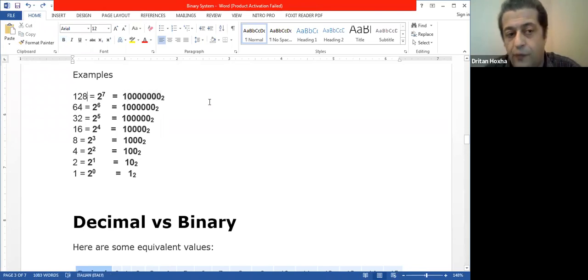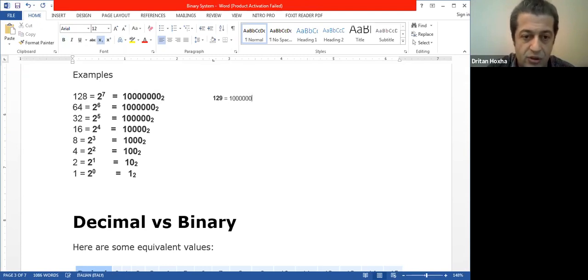If we want to write 129, this number will be 10000001. So this one is the unit, only the unit that was added to 128 to give 129. And all the other numbers are 0 except the first number, which shows 2 at power 7.